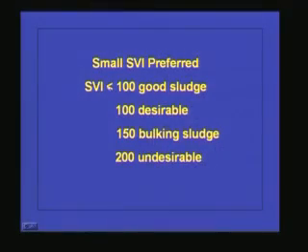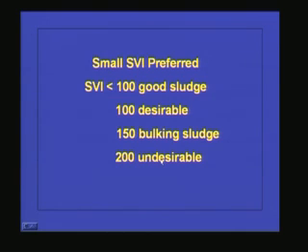The sludge volume index is the volume occupied by unit mass of sludge. If it is less than 100, it is a good sludge, and if it is 100, it is desirable. If it is 150 or above, it is a bulking sludge, and if it is above 200, it is not at all desirable, or we have to change the system.